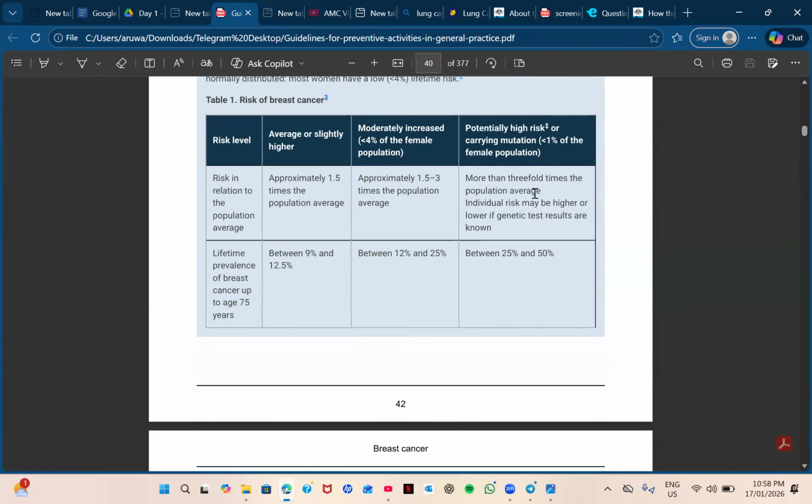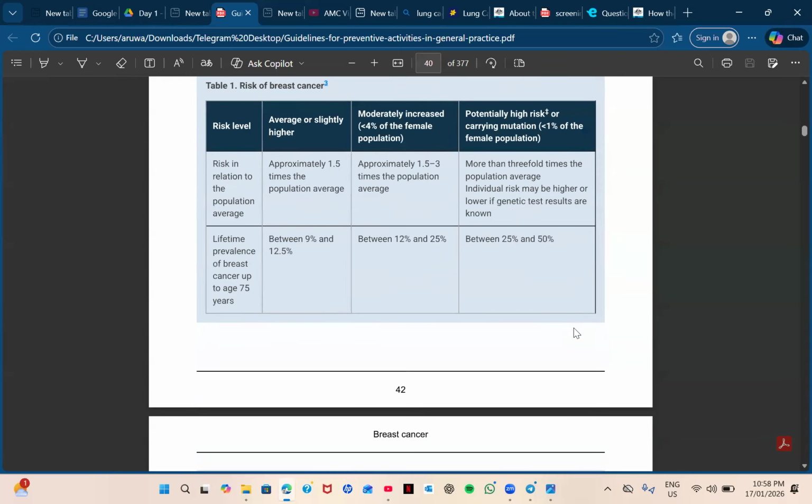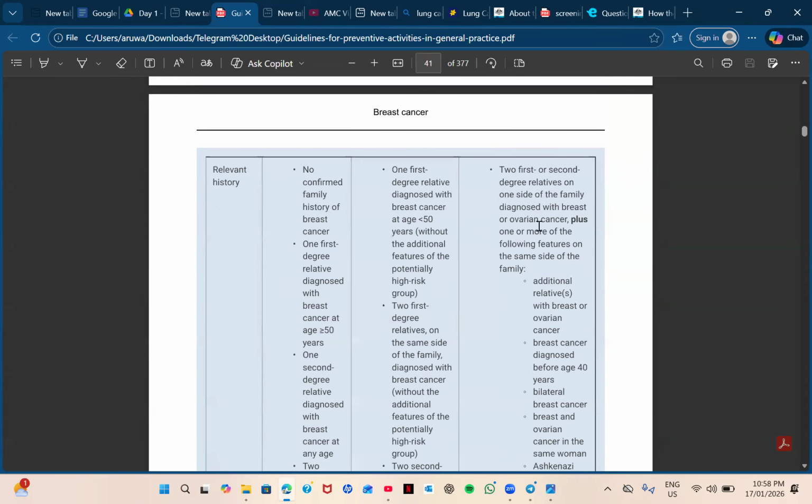Then who are the high risk? High risk, okay. These are the high risk features that they have mentioned, without the additional features of the potentially high risk group. So in the high risk group, who are the people?